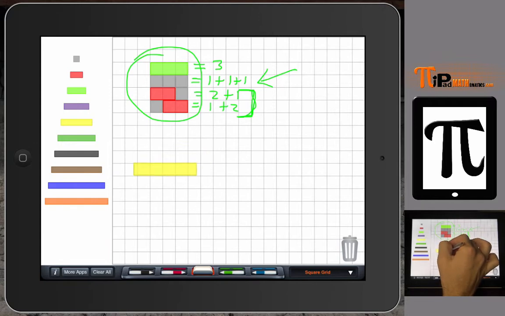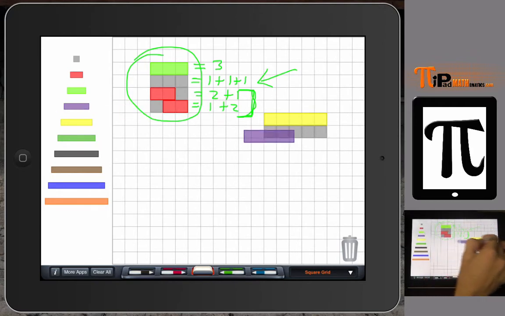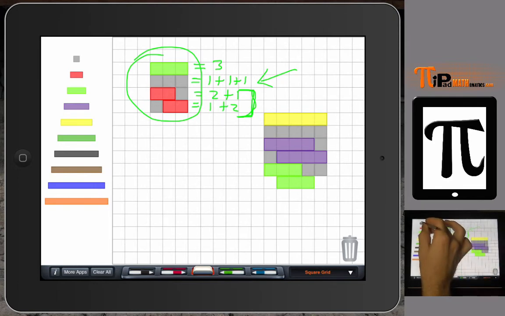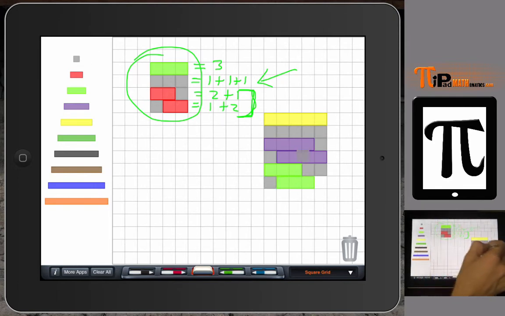You have students come in and do the yellow rod. I'm going to move it over here. The yellow rod can be made up of 5 of the white rods. The yellow rod can be made up of a purple and a white rod, or a white and a purple rod. It can be made up of a light green rod and 2 white rods: the light green rod, the white rod, then the other white rod, or 2 white rods and the light green rod.